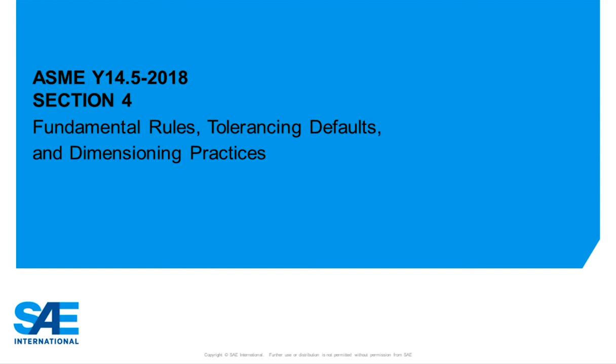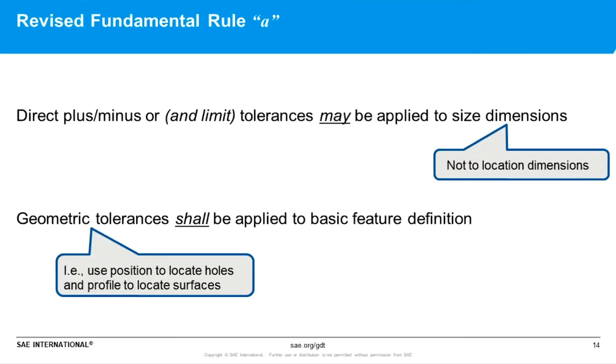Okay. So next, let's talk about Section 4. In that section, we'll find fundamental rules, tolerance defaults, and dimensions and practices. And the first fundamental rule that was revised is Rule A, and in that rule, it clarifies that direct plus-minus or limit tolerances or dimensions only apply to size dimensions.